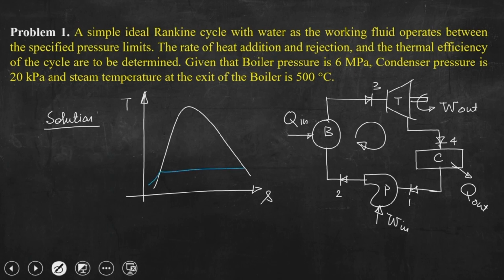You know that we have learned it; on the TS diagram, this is a constant pressure line. So, this is P condenser, and this is P boiler.